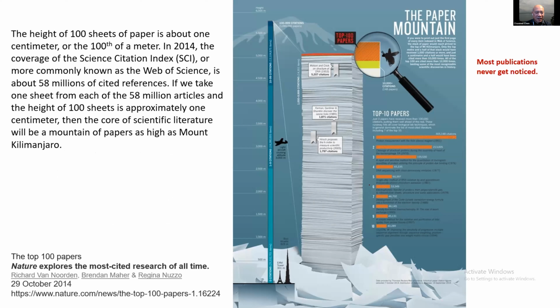Very quickly, I like this chart that emphasizes the volume of scientific literature. It was published in 2014, almost 10 years ago. The key point from this chart is that most publications never get noticed in terms of citation, never get cited. Only a very thin layer at the top gets cited.